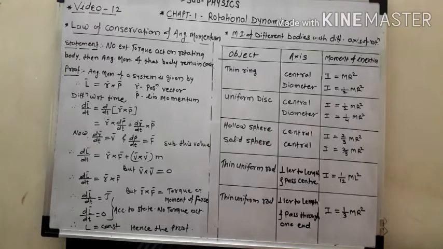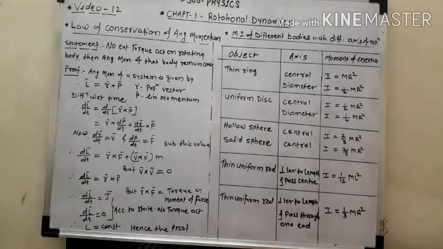This principle can be used in sports like ice skating, ballet dancing, then diving in the swimming pool, etc. This principle of conservation of angular momentum is realized in those examples.